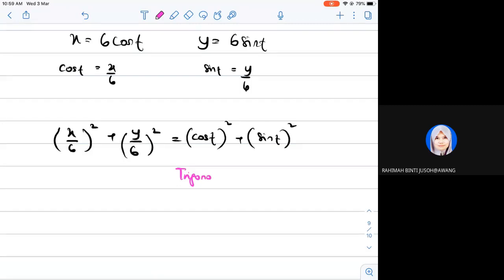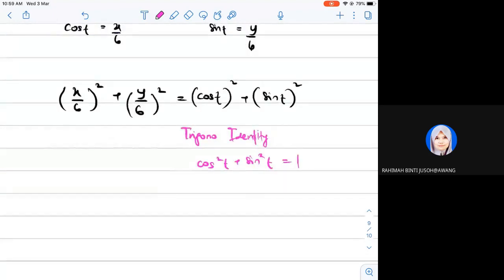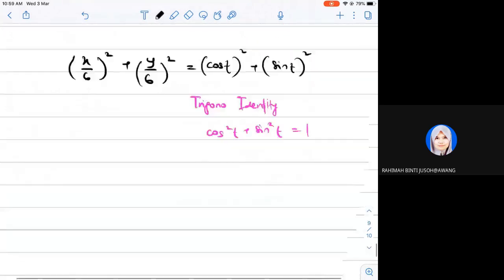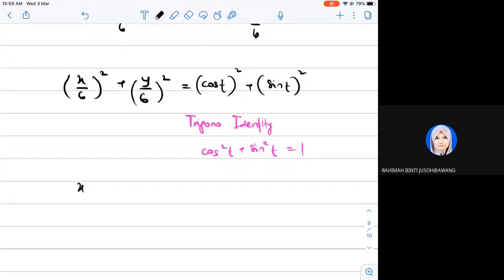Trigonometric identity. Cos squared t plus sin squared t equals to 1, isn't it? Yes. Okay, so now automatically our equation will turn like this. Oops, sorry. X over 6 squared plus y over 6 squared equals to 1.